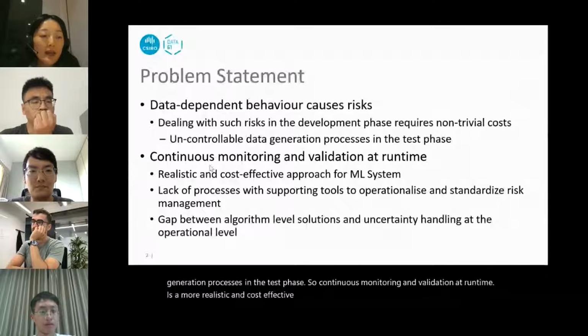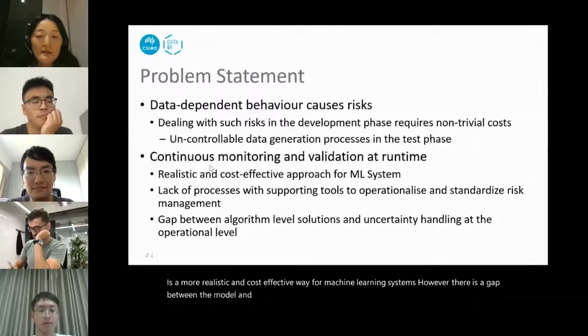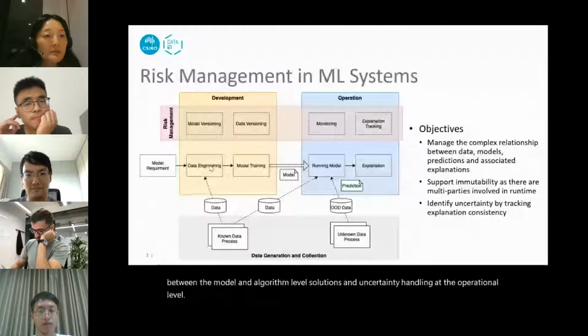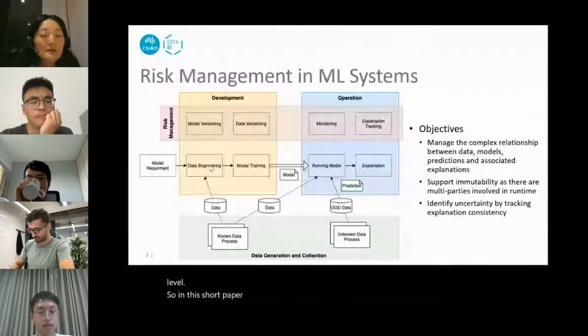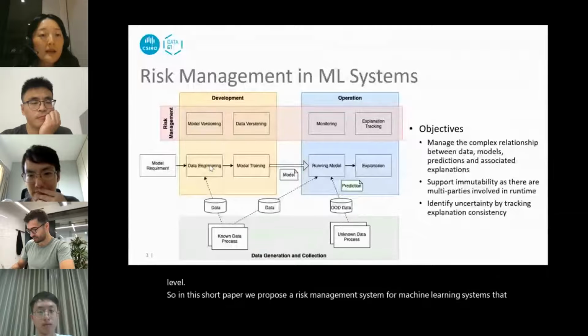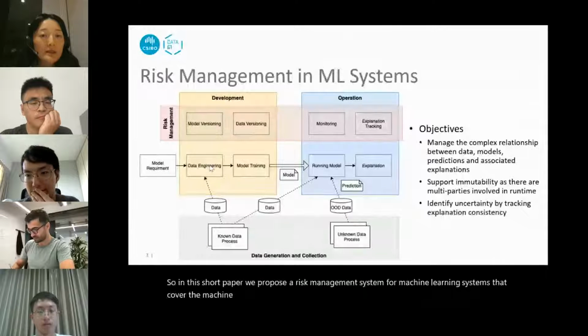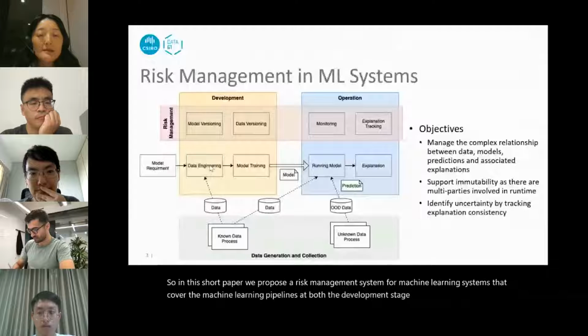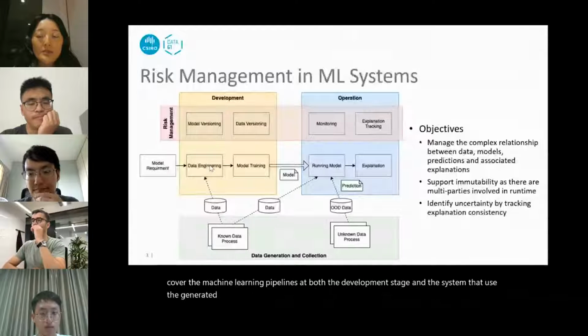However, there is a gap between the model algorithm level solutions and uncertainty handling at the operational level. So in this short paper, we propose a risk management system for machine learning systems that covers the machine learning pipelines at both the development stage and the system that uses the generated model at operation stage.